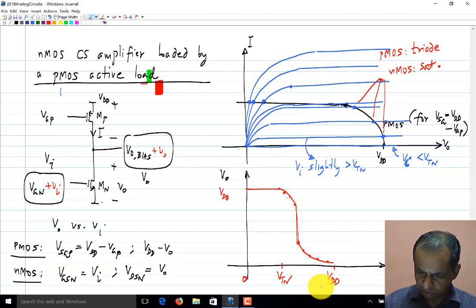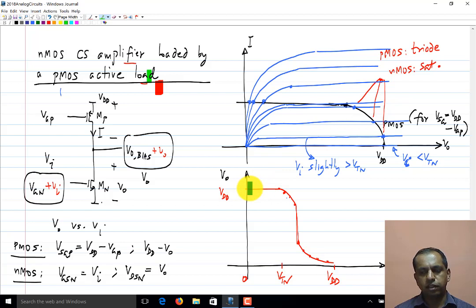You can see that this is the opposite of what happens in a PMOS common source amplifier with an NMOS active load. In that case, the output was reaching zero exactly, but not VDD, and here it is the other way around.